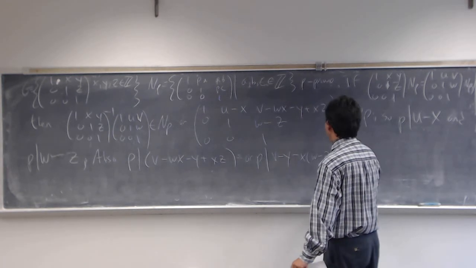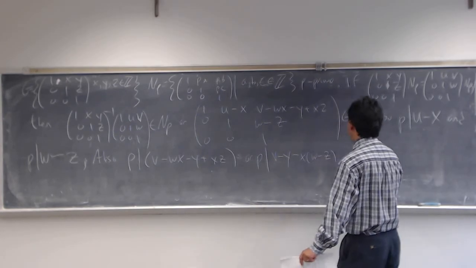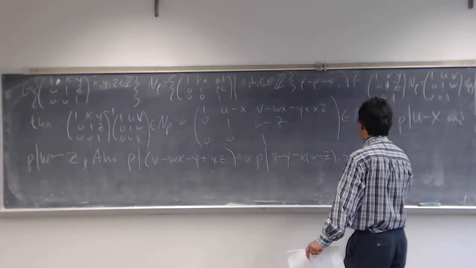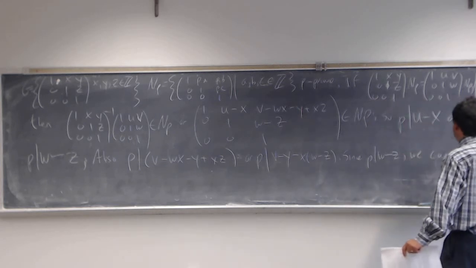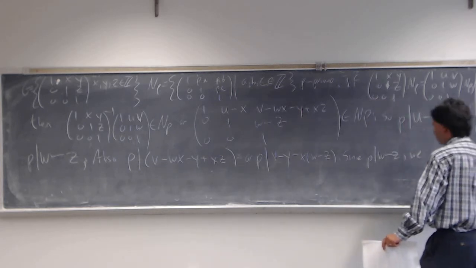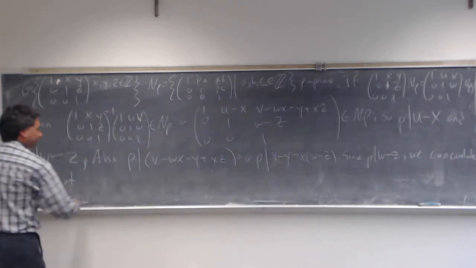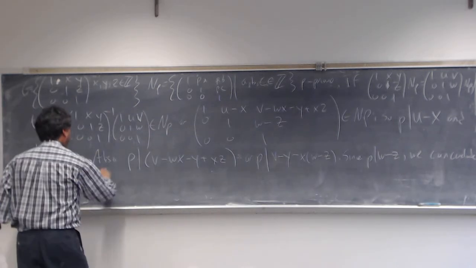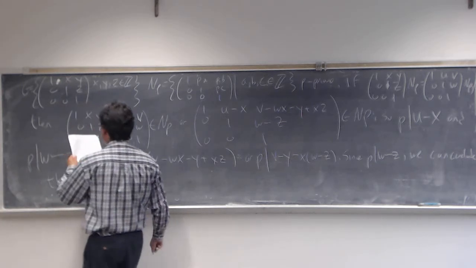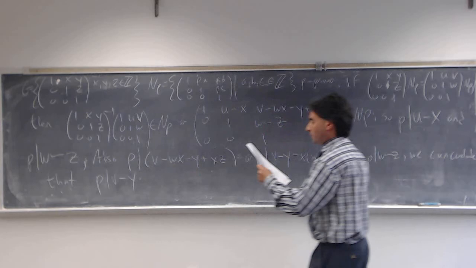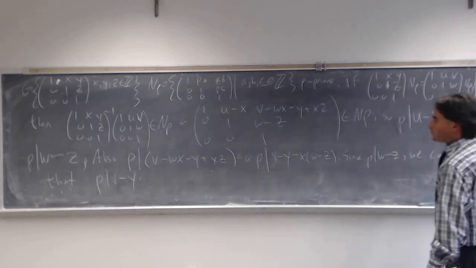And so if P divides this whole difference, and P divides W minus Z, we can conclude that P would have to divide V minus Y. Right?